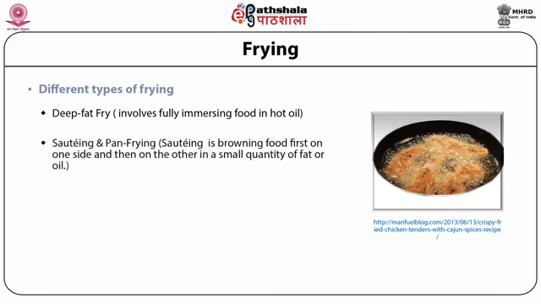Sauteing. Saute is French for jumping, used to describe the action of food in the pan as it's tossed around to prevent burning. When sauteing, which is a type of frying, the fat is placed in a shallow pan, and when it's sufficiently hot, the food is put into it.